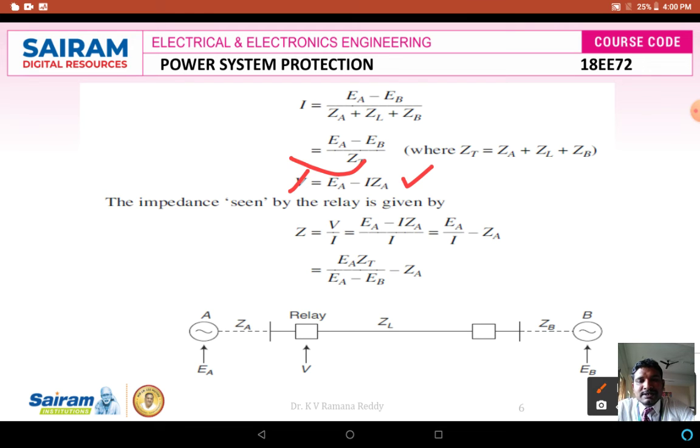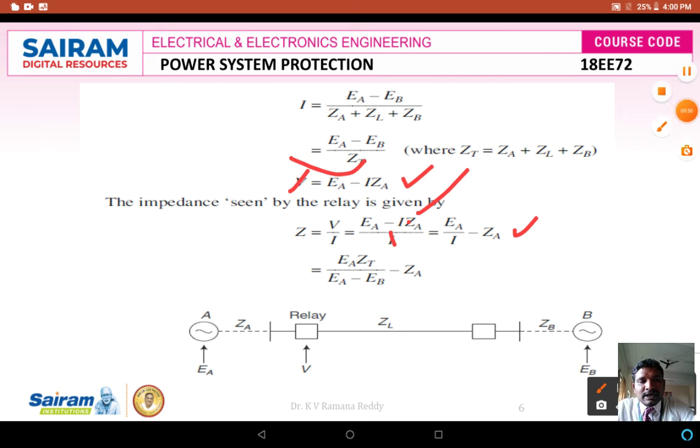Now the impedance seen by the relay is given by Z equals V by I. Here V is EA minus I into ZA, divided by I. The I cancels, and we can write EA by I minus ZA.